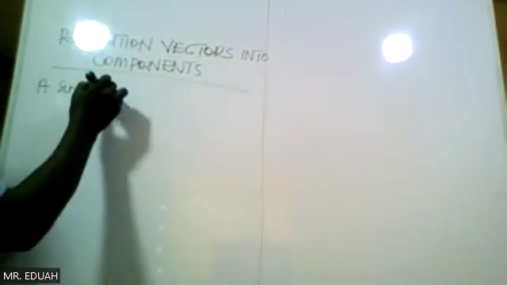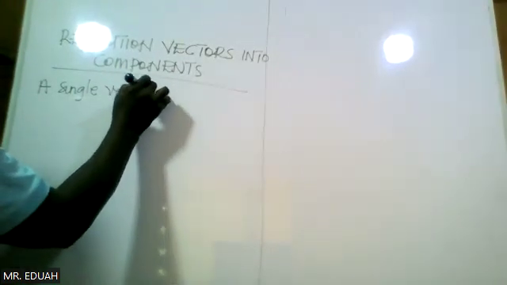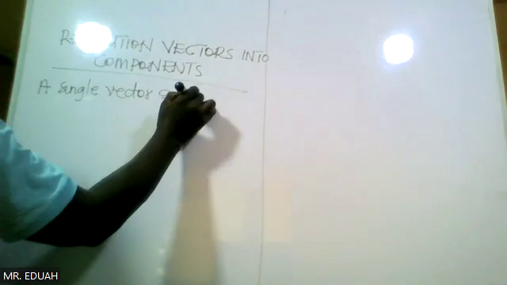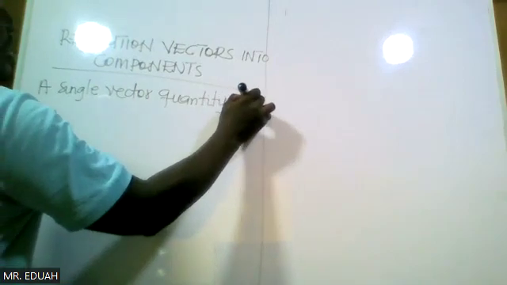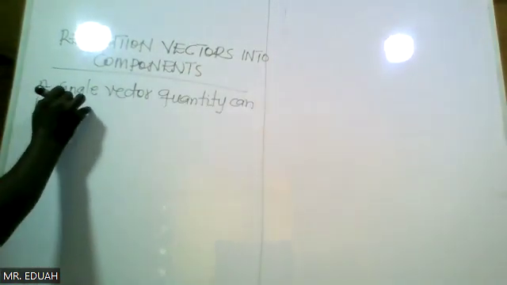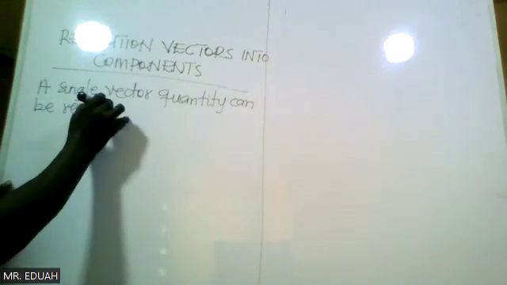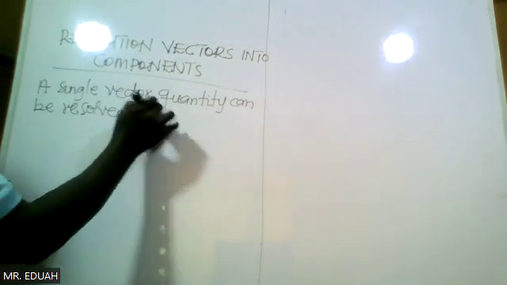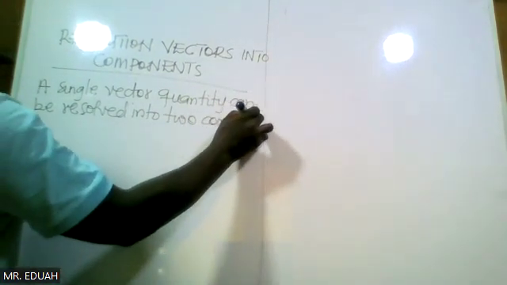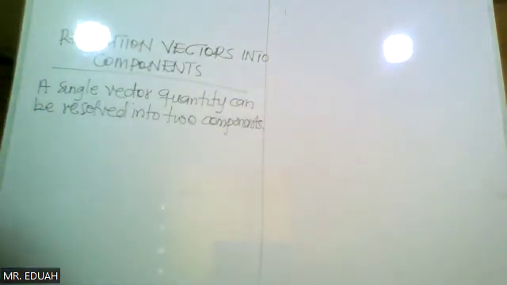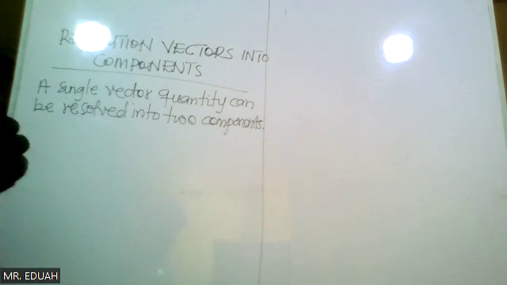A single vector quantity can be resolved into two components. What do I mean by a single vector can be resolved into two components?